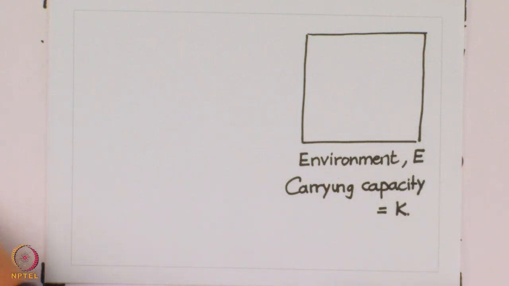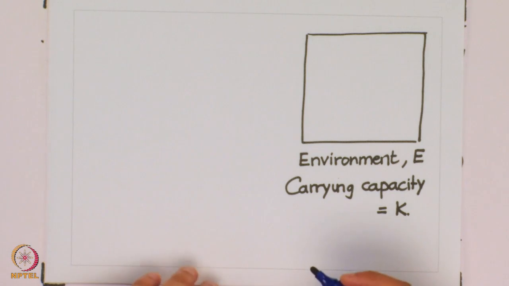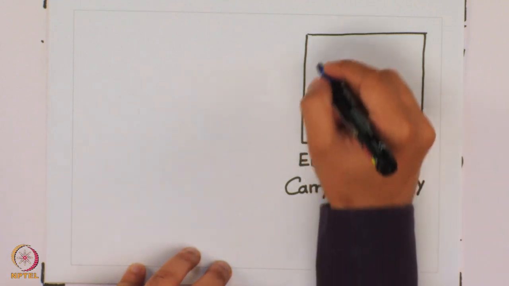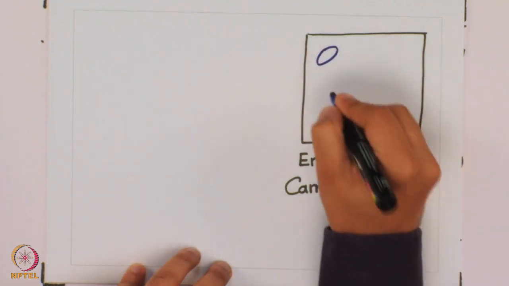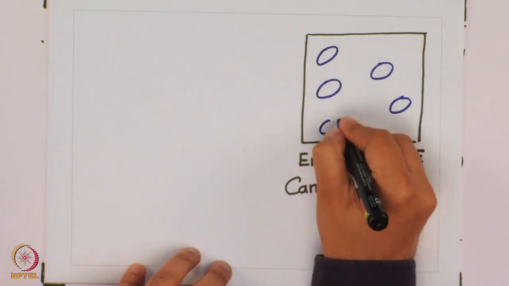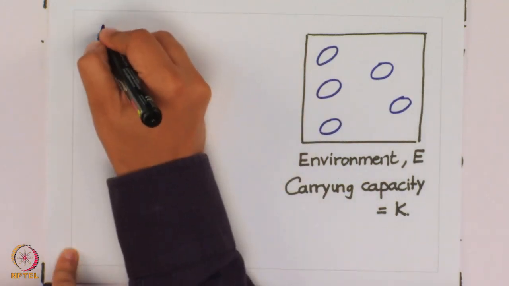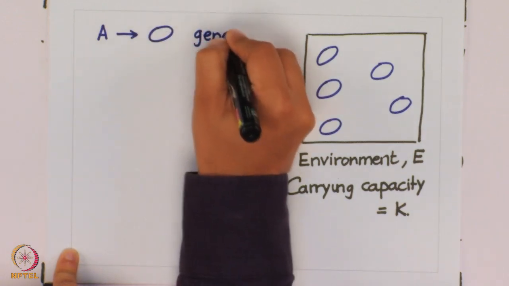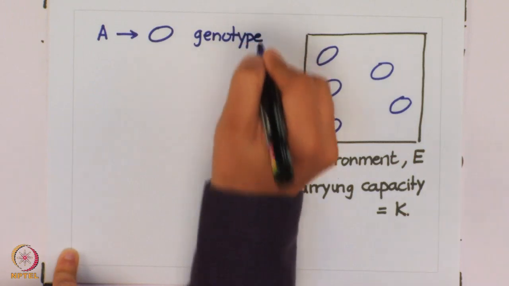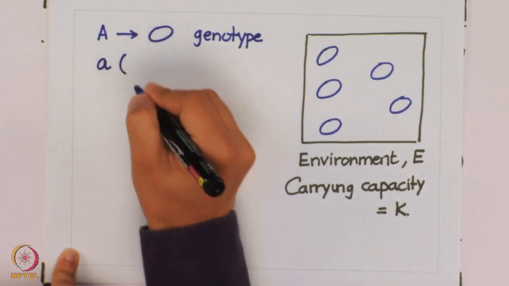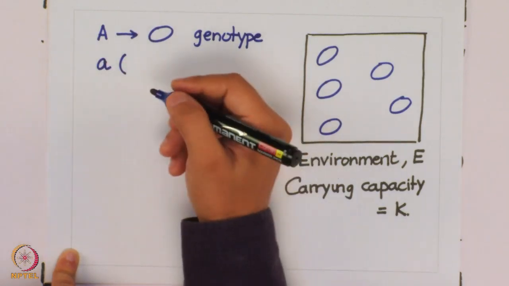And now let us imagine a scenario where in this environment E, at any given point of time, we have two distinct genotypes which are coexistent. Let us say that is genotype A, which are represented by the blue bacteria, and the growth rate associated with this genotype will be small a. We will just continue the same terminology as what we used in the last lecture.